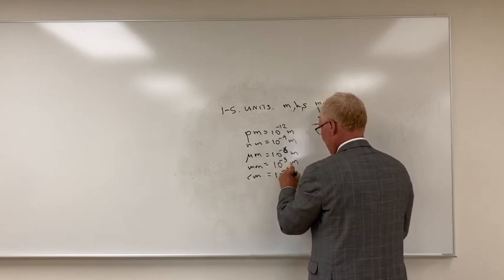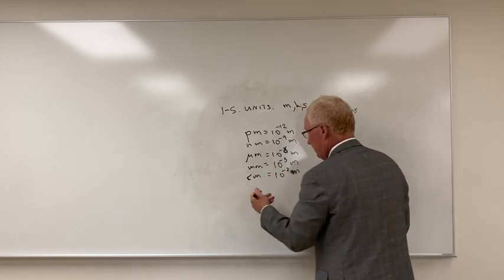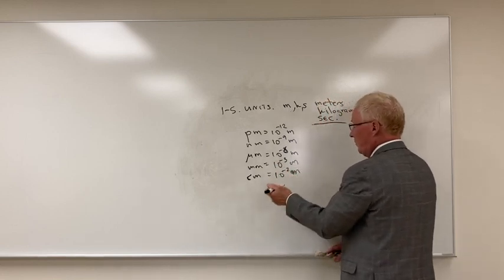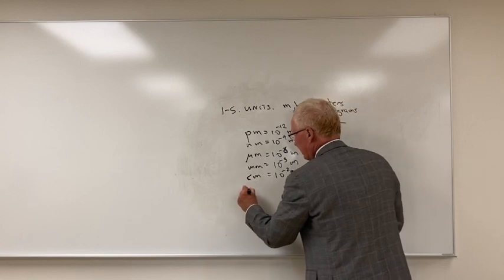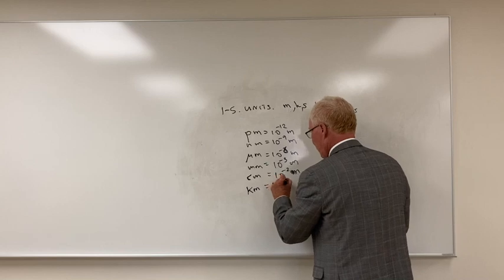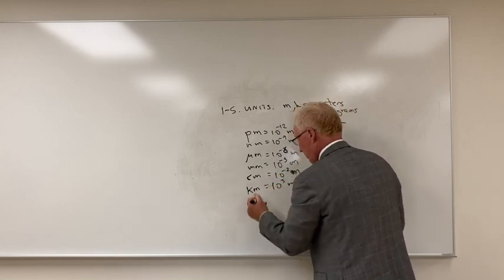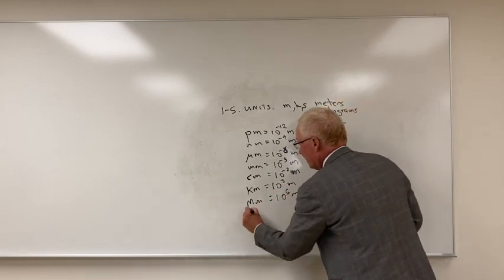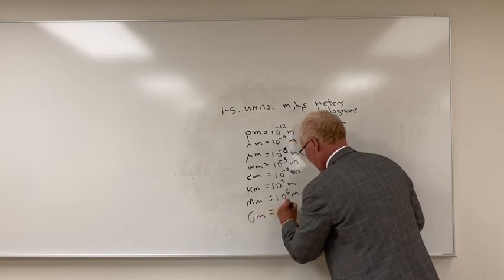All right, then we start going up, and these are only going to be in the positive direction. Next one, so kilometer is 10 to the 3rd meter. Megameter, now these are all capital letters, is 10 to the 6th. Gigameter is 10 to the 9th.